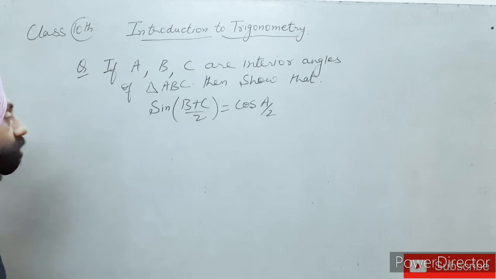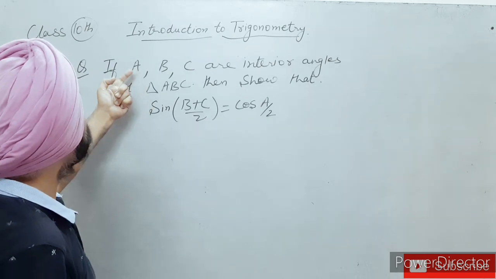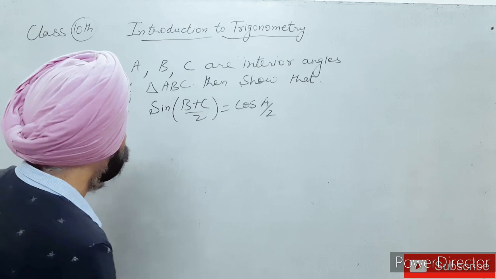It's again a very, very simple sum, but it's given A, B, C are interior angles of a triangle.